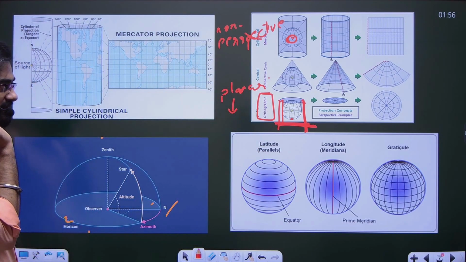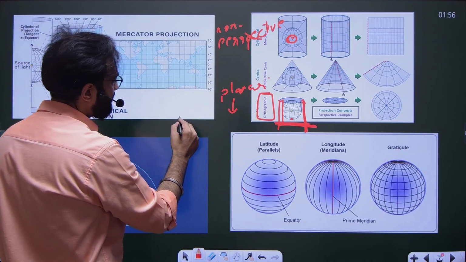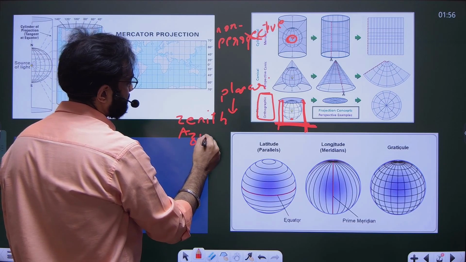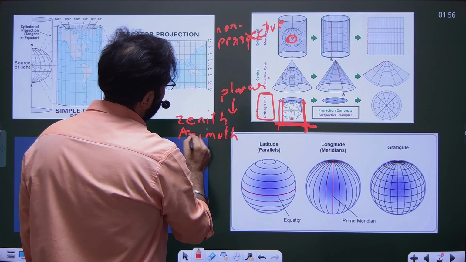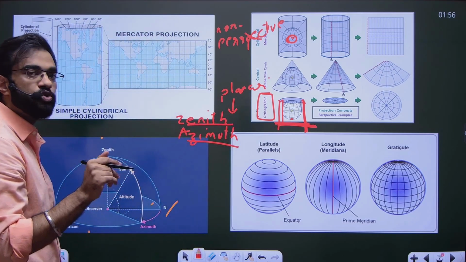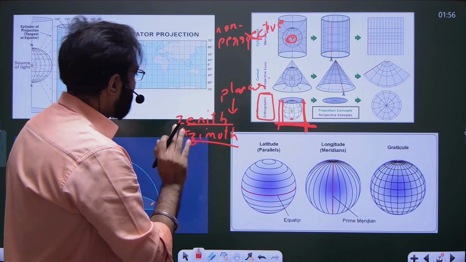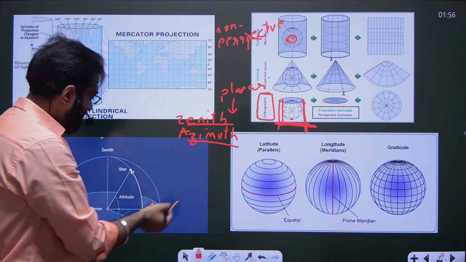Some important terms. You might have heard these two terms, zenith, like I used here, and azimuth. These two terms are often used interchangeably, but they have different meanings.